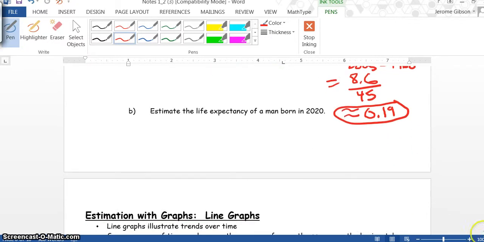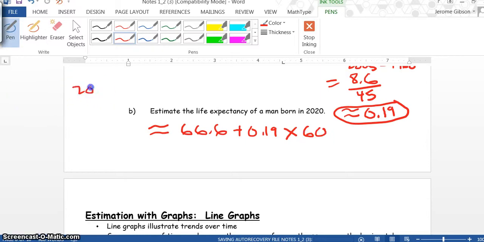Okay, now B. It says estimate the life expectancy of a man born in 2020. So what we would do is we would take the value from 1960, which is 66.6, and then we would add this approximate value we have here, which is 0.19, because that is the approximate increase in life expectancy each year after 1960, and we will multiply it by the difference of 2020 and 1960, which would be 60.